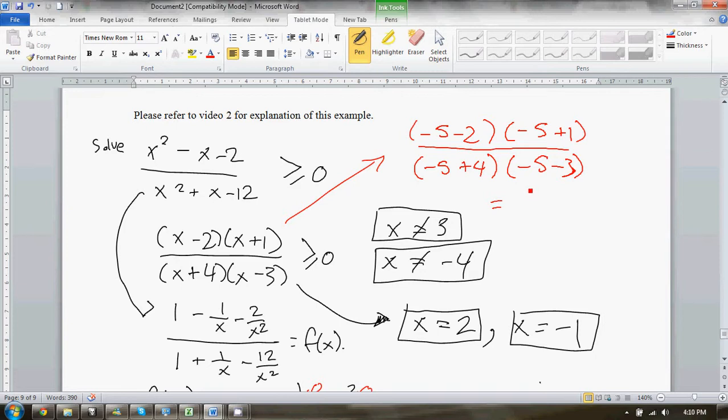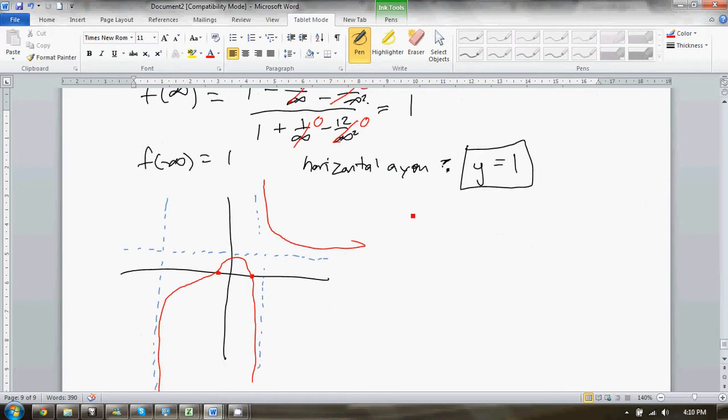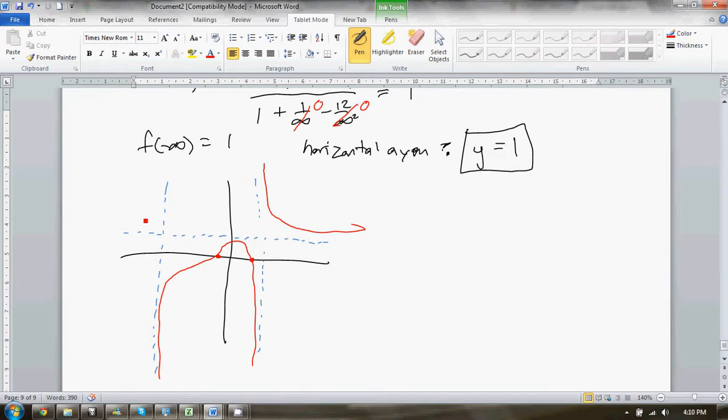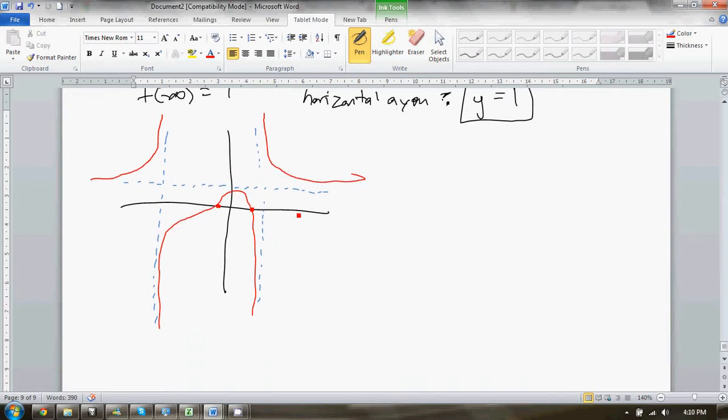This becomes negative 7 times negative 4, divided by negative 1 times negative 8. 7 times 4 is 28, and I'm left with positive 8 on the bottom. So this is also greater than 1, and that's going to lie somewhere in this region. I'll just finish this sketch here, and there you go. That's our sketch of this function.